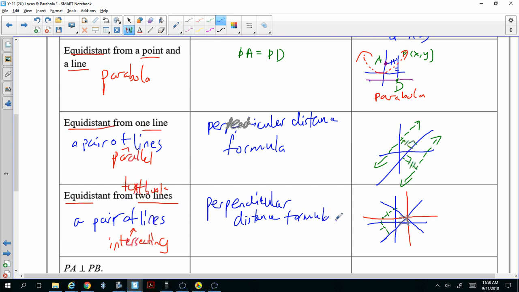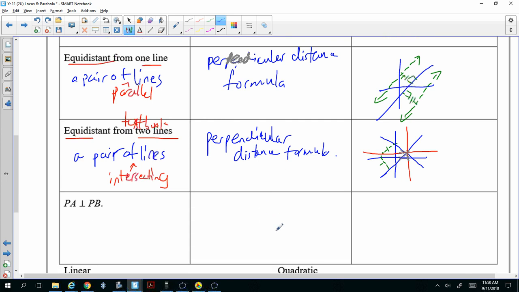And then the last one, PA perpendicular to PB, we did that. PA and PB, that's A, that's B, P. If they're perpendicular, use the gradient formula. PA times PB equal to -1. You get a circle.